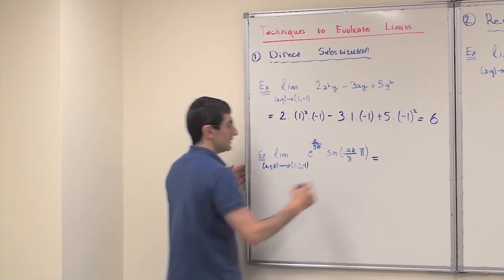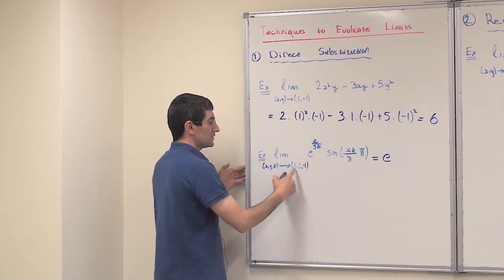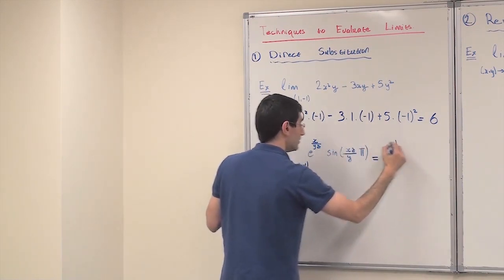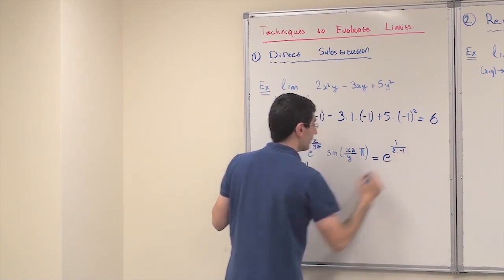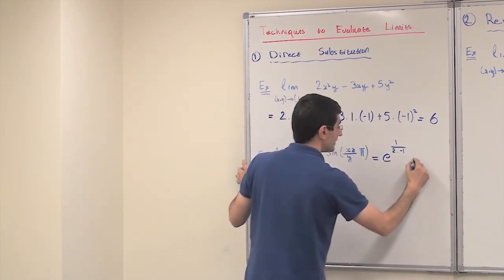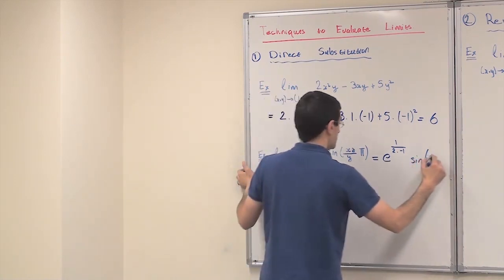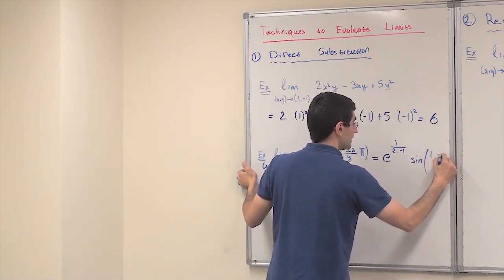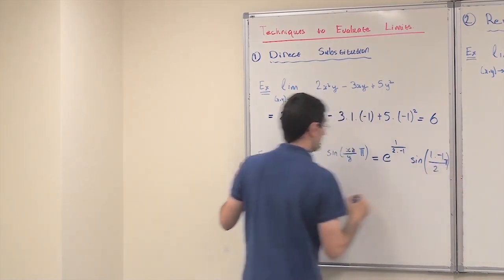The limit is going to be 1 over -1 and sine of 1 times -1 over 2 pi.